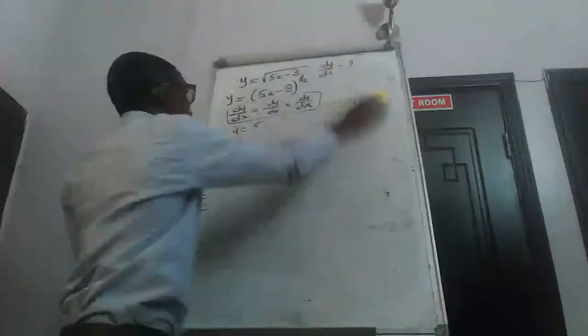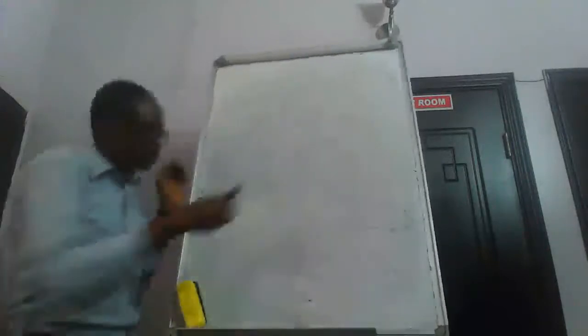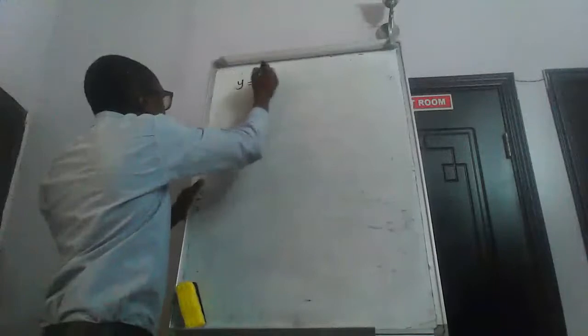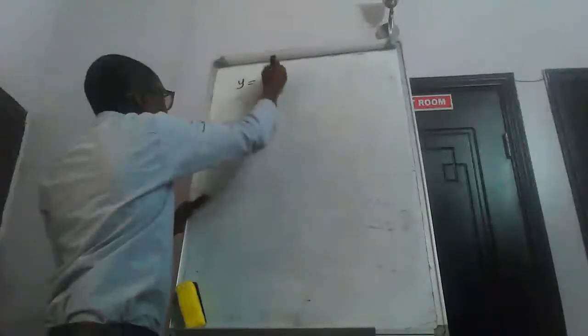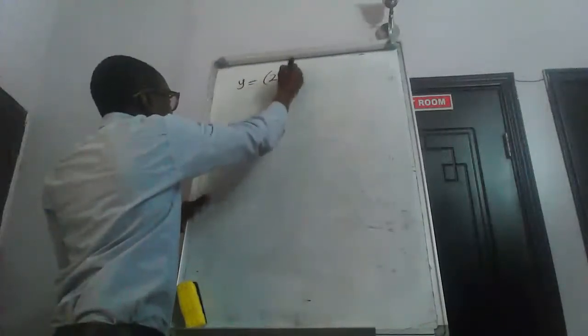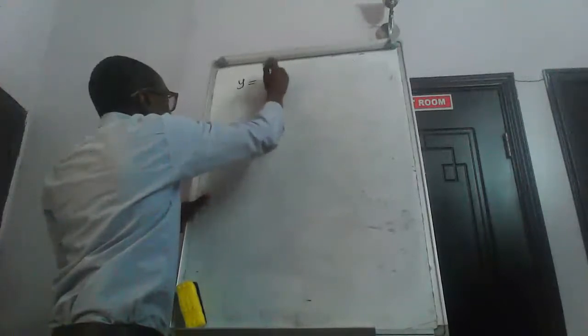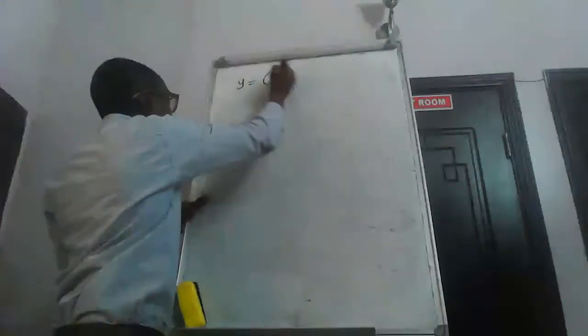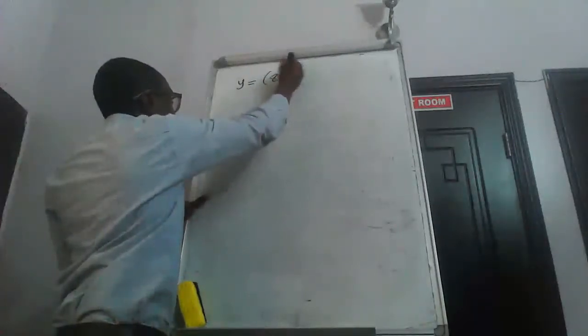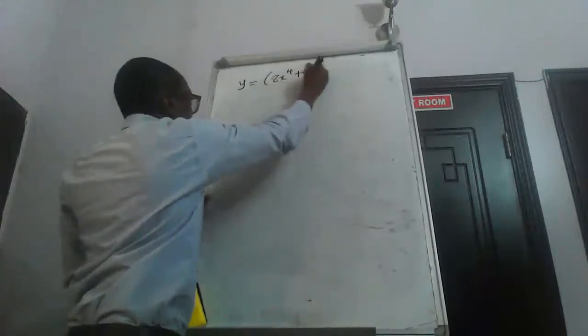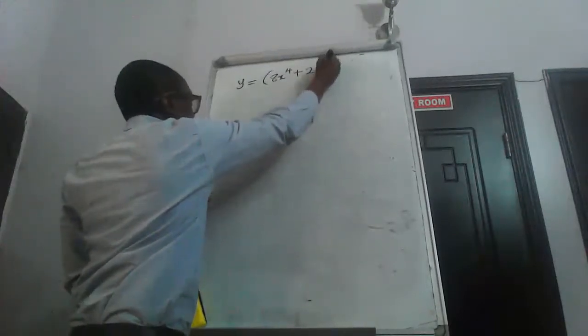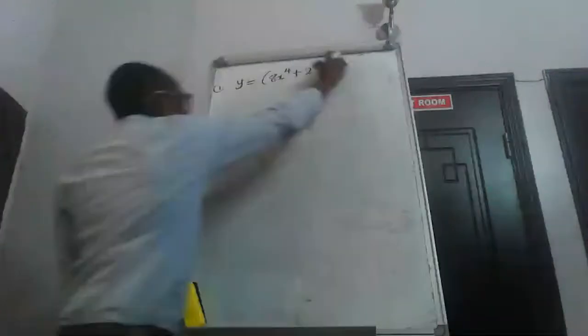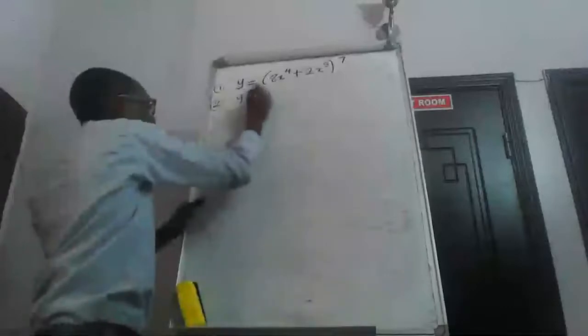The first one is y is equal to, let's change it to, y is equal to 8x^4 plus 2x^3, all raised to power 7.